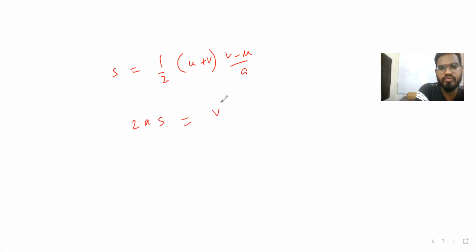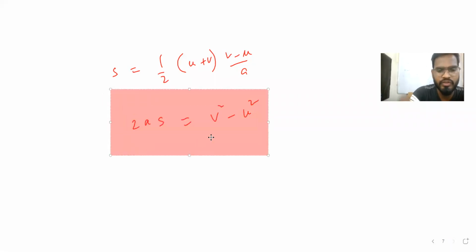Then U square, let's consider V square minus U square. Right? V square minus U square. That's it, guys. So V square minus U square is equal to 2AS. So we got the equation again that we were looking for. Or we can say V square is equal to U square plus 2AS.